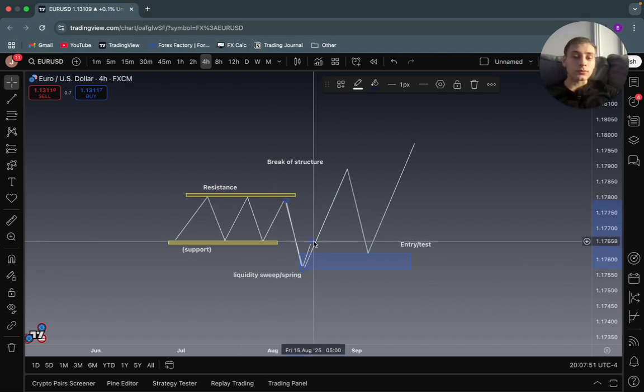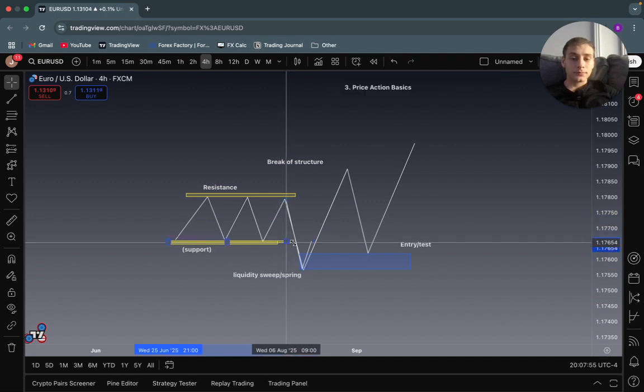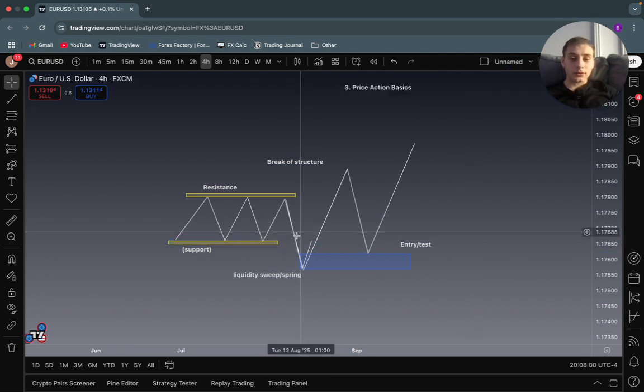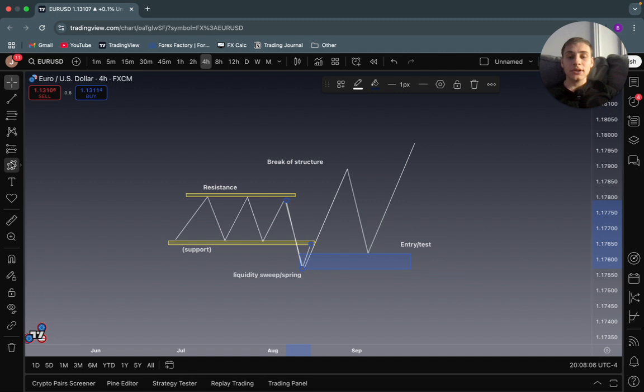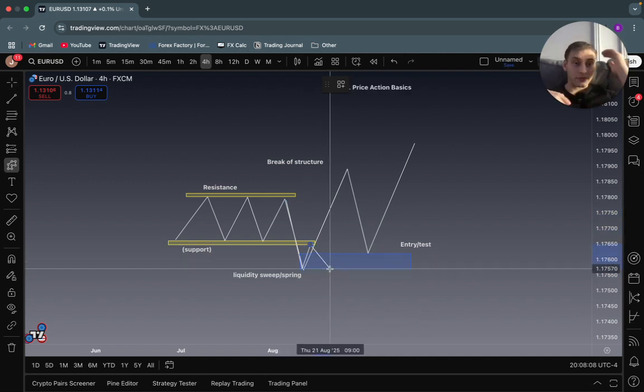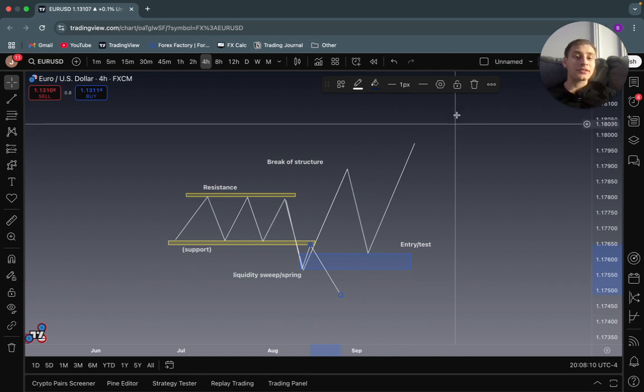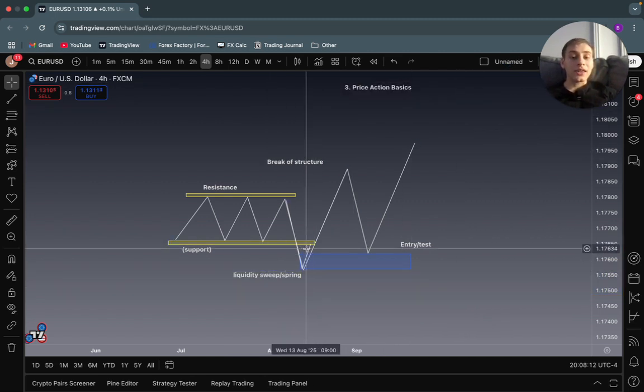So price broke through the support, and that support turns into the new ceiling, and then what do you see? Price can't obviously go through that ceiling, so then it goes down, right? It's a retail way of thinking in trading.